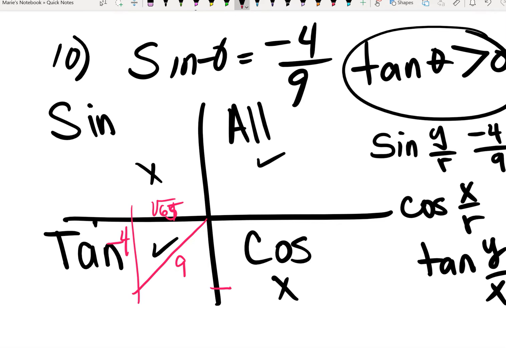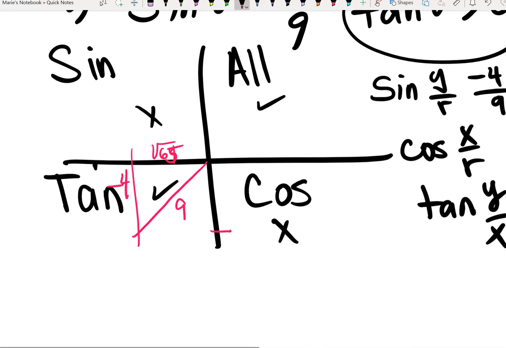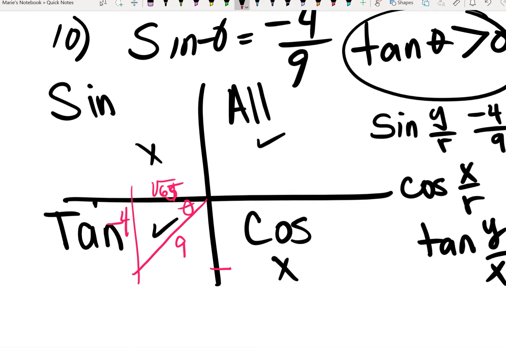And so in that case, if you're now using the actual function itself, and this is theta, and I know that sine of theta is negative 4 over 9, then the secant of this, and again, go back to your secant, would be r over x, because that's the opposite of cosine, the secant. So I'm looking at r over x.